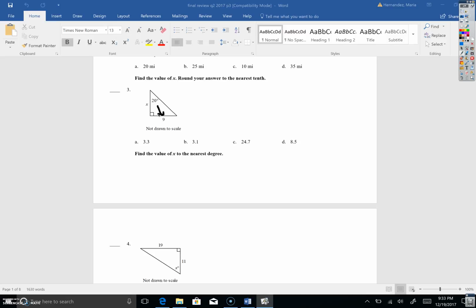So opposite over adjacent, we use tangent. So tangent of 20 degrees is equal to 9 over x. Okay. So we have to flip it. So x is equal to 9 over tangent of 20.